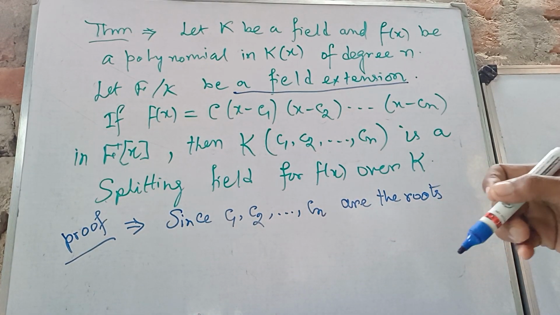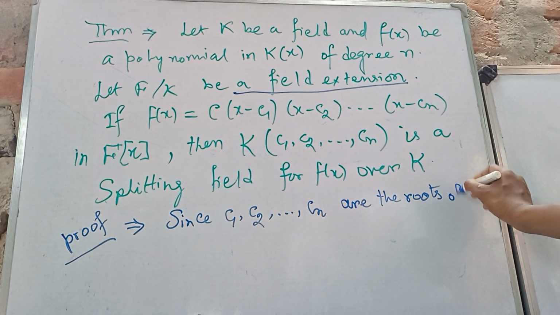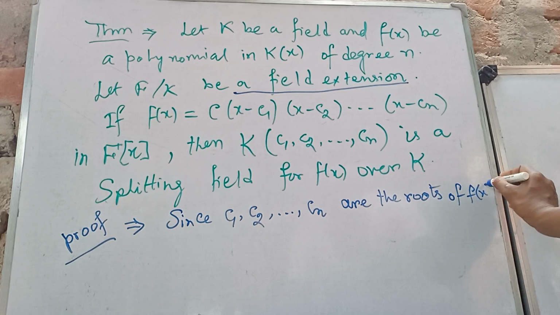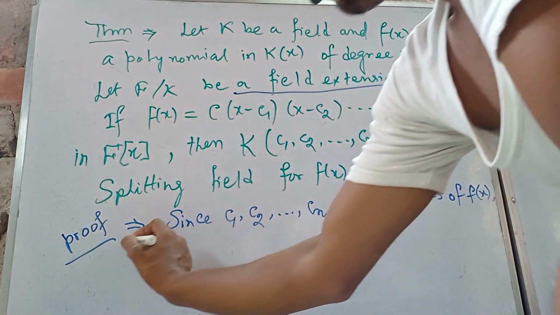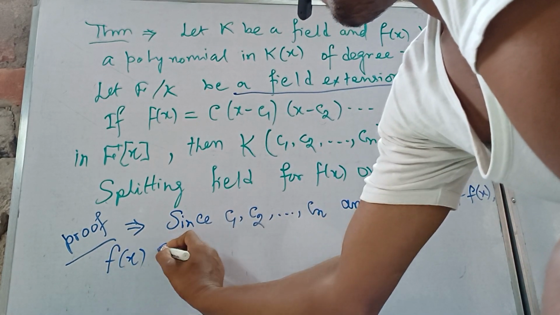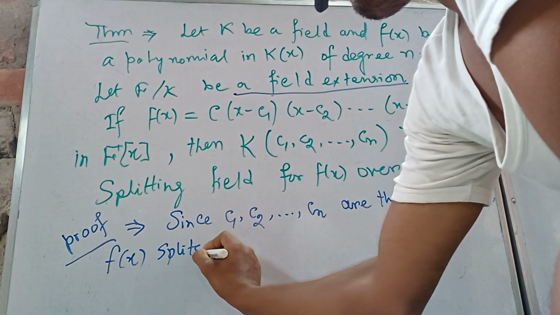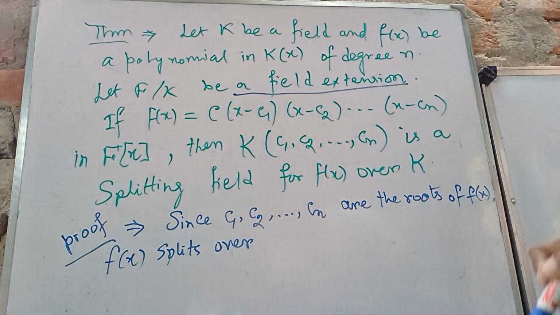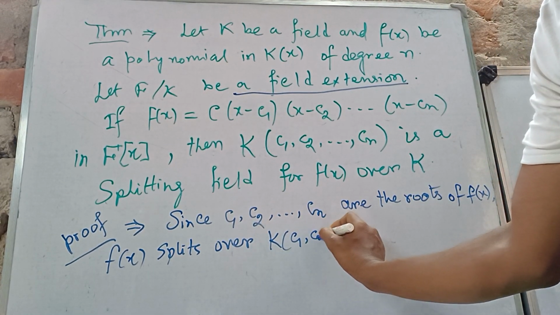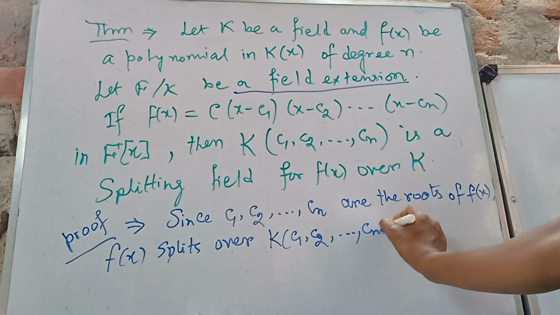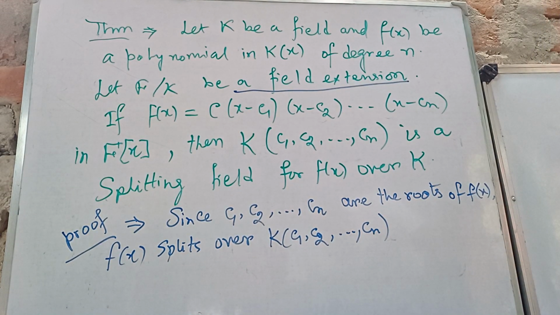c1, c2, ..., cn are the roots of f(x). Okay, f(x) splits over K(c1, c2, ..., cn).